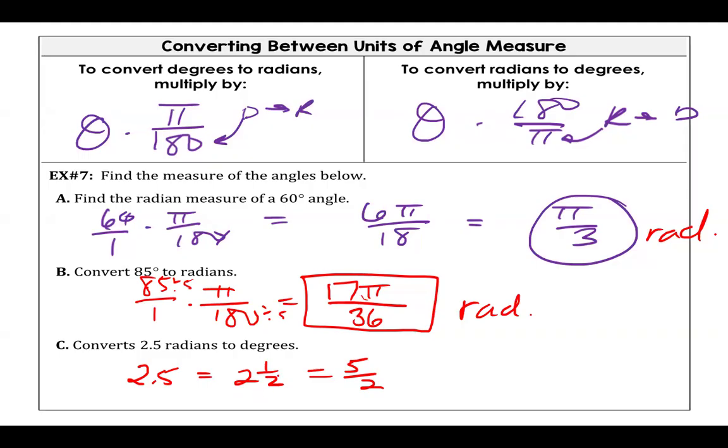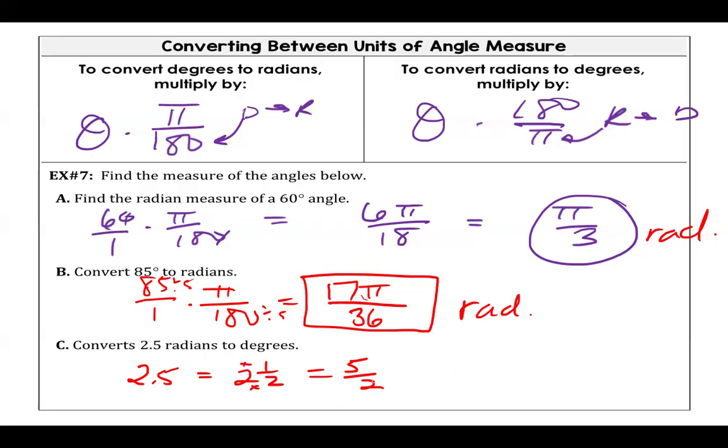So you start at the denominator and you're going to multiply. 2 times 2 is 4. Your next stop is to add. 4 plus 1 is 5. And you come back home to 2. So therefore, 2.5 as an improper fraction is 5 over 2. That's because 5 divided by 2 is 2 with a remainder of 1. Okay.